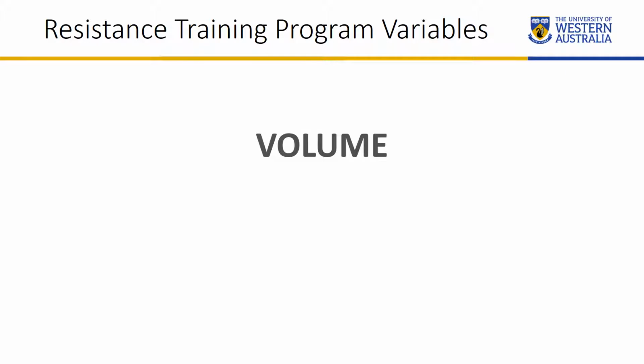Volume is simply a product of sets and repetitions. Sets times reps will give you the total number of repetitions, or the volume, for that particular exercise. Another important variable that you need to be aware of is intensity.